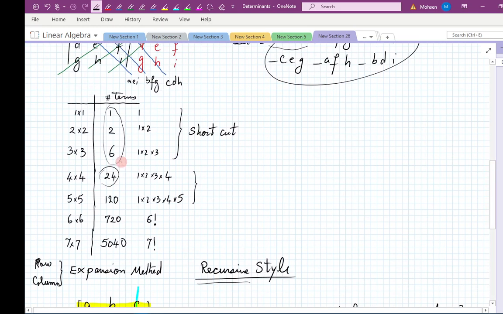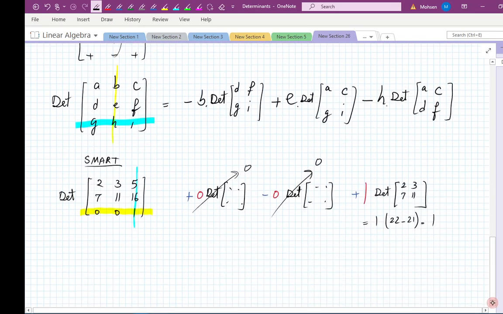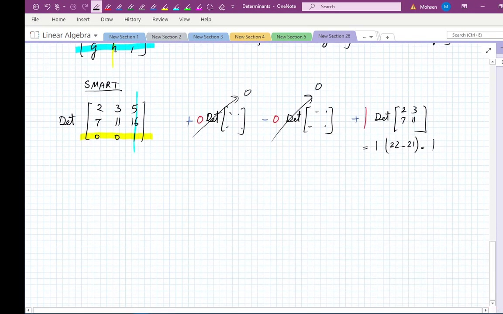Otherwise, you'll be facing the dilemma of how to collect so many little pieces, and that's not going to be practical. So if you look at a big matrix, pretty much the only way to calculate anything is to pay attention to where the zeros are. Okay, so this is the determinant calculation.